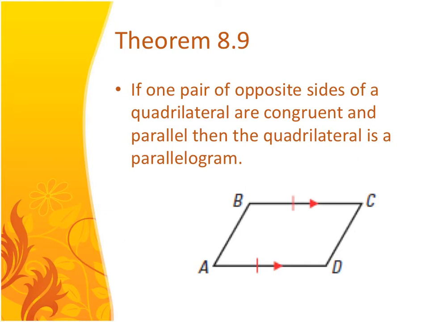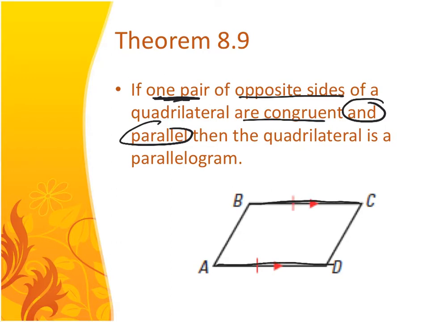Okay, here's the one where we have a situation where it's 1 pair. If 1 pair, not both pairs, of opposite sides of a quadrilateral are congruent and parallel, they have to be congruent and parallel. So that means that these sides are the exact same length. Here's one set of sides that are both congruent and parallel.